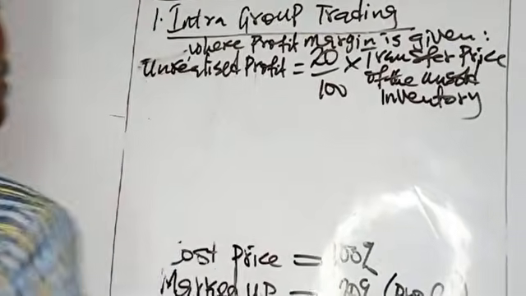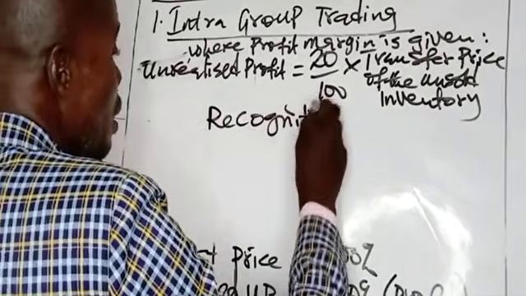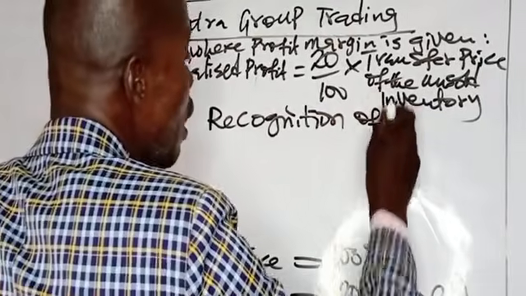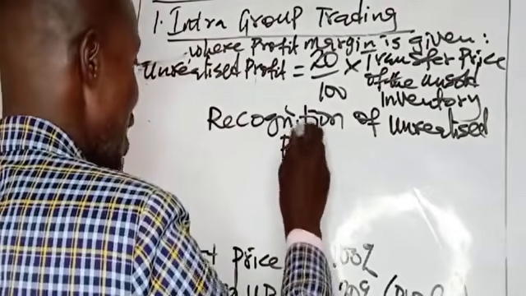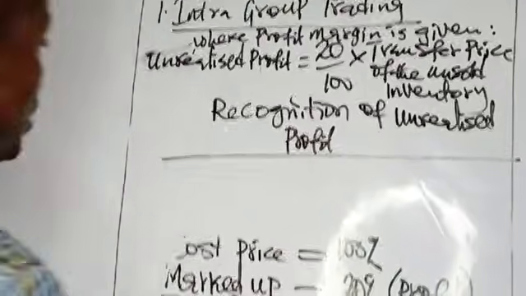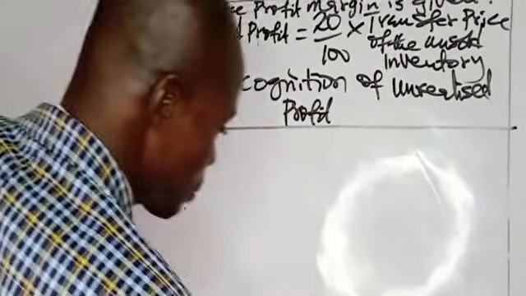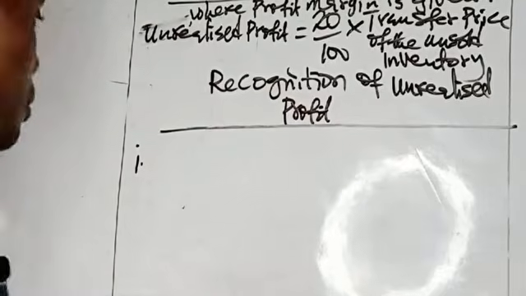Now, recognition of the unrealized profit. How are the unrealized profits recognized? In the consolidated statement of financial position. Now, the first question you ask yourself is who the seller is.